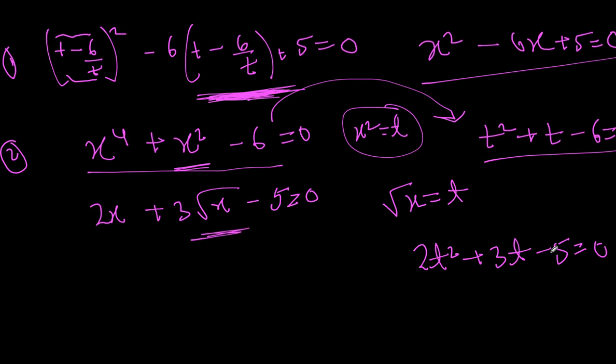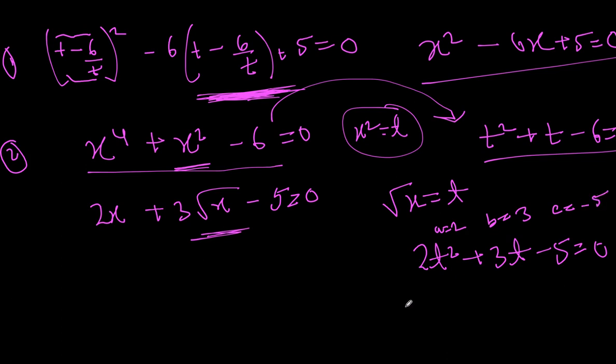So let me solve one problem. Let's suppose for this question, 2x plus 3 root x minus 5. So this was my quadratic equation, and if it is difficult, then you can use the minus b formula. If you use the minus b formula, your a is 2, b is 3, and c is minus 5.